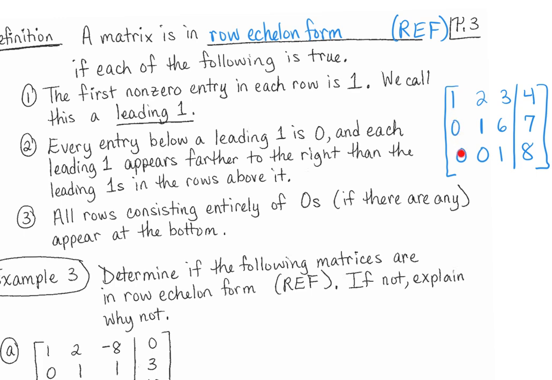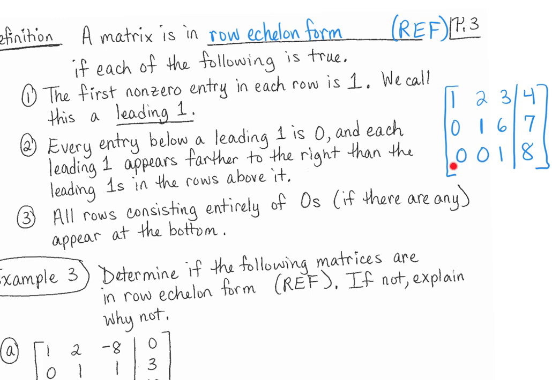So everything below this leading 1 is 0. Let's move to row 2. The first non-zero entry is what here? This is 0, but the first non-zero entry is 1. This is a what? Leading 1 for row 2, yes? So far so good. Now it says everything below this is 0.